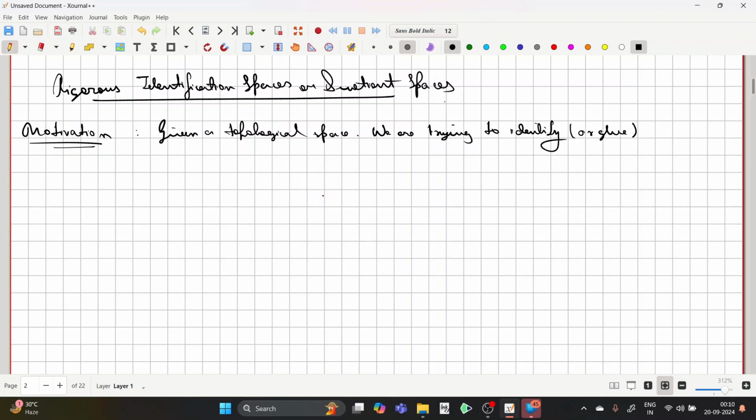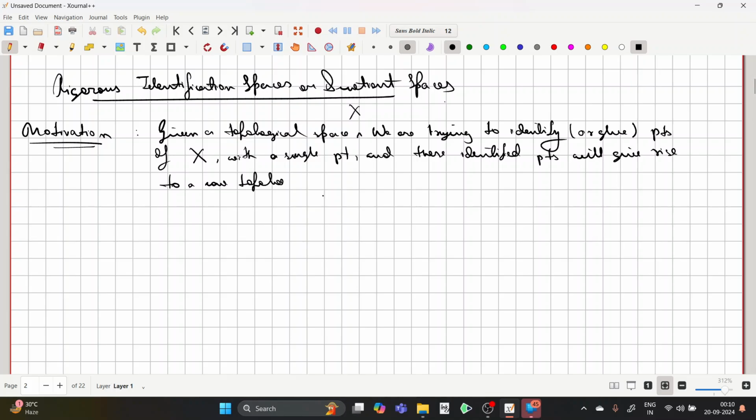We have to identify points of X, and these identified points will give rise to a new topological space called the identification space.